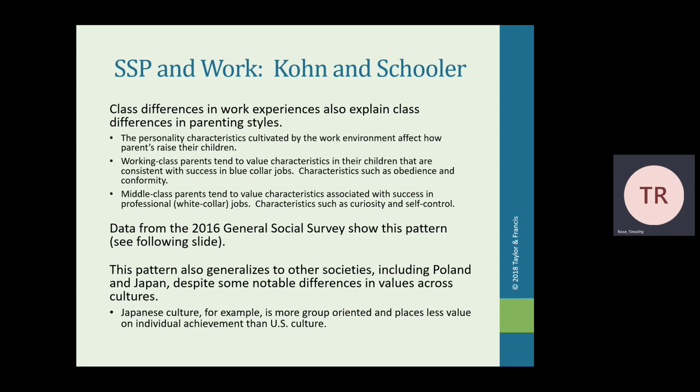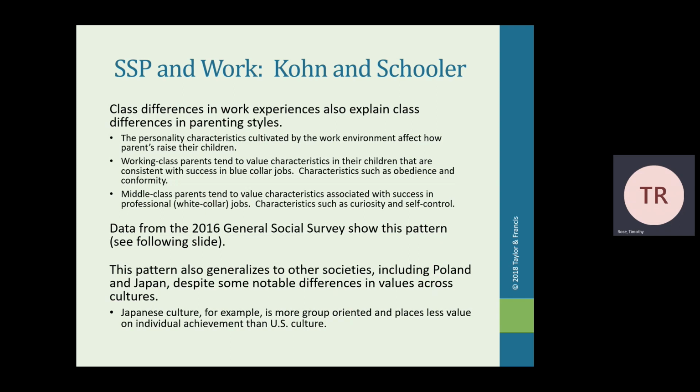Makes sense, since we're talking about differences in these larger social structures in these nations and the cultural values of them. There will be some differences in the process, but the overall pattern, that there's this connection between workplace characteristics and norms and how parents raise their children, still generally held.